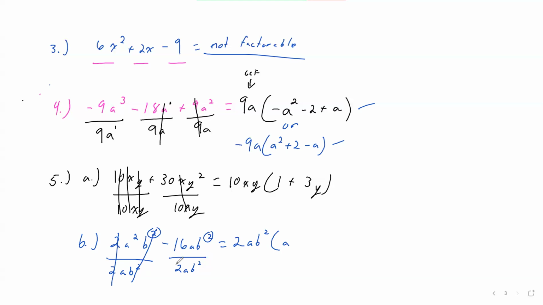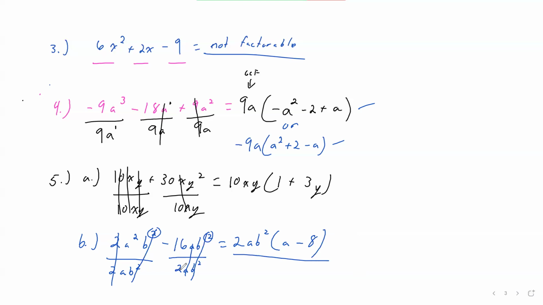Negative 16 divided by 2. Good. Bring over the sign with it. Good. So that minus will go with it. What happens to the A's? Cancels out. B squares? Cancel out. So there's your final answer. We good? All right.